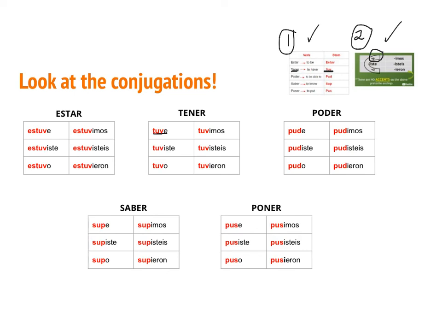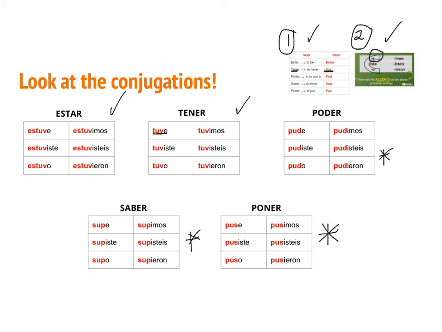Very quickly, I know you're pretty familiar with how to pronounce estar and tener. I'm just going to pronounce for you poder, saber, and poner, because those are probably new for you. Most of you might have this in a preterite handout if you were given one, but you will have to add these other three if you would like to have them all in one place in your handout.